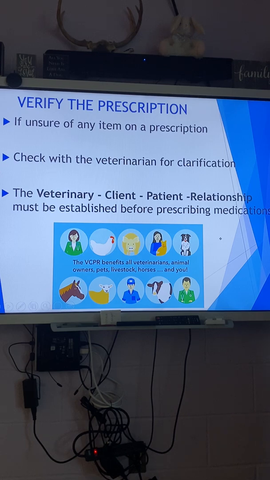So that goes back to getting checked out once a year, or even if they've never been there, physically going in so that you can put your hands on the animal and evaluate them. You can't just say, Rocky hasn't been to the vet in a year and a half. He has an ear infection. Can you give me some drugs? It doesn't work that way, especially when you start getting into the controlled substances. Okay.